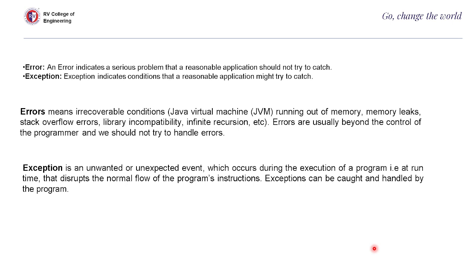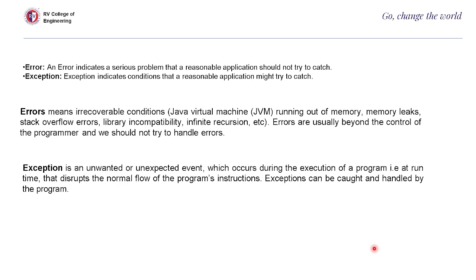It indicates a serious problem that the application should not try to catch. We can't handle those errors. Errors cannot be handled by the programmer. Error means an irrecoverable condition. It is not possible to recover from that condition, so we call it an error.